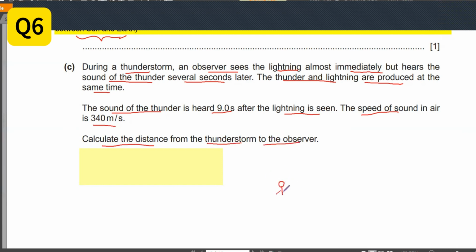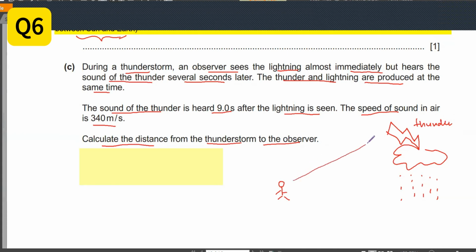So we have the observer here, and a thunderstorm here. The thunder will produce a light ray to the observer, a light wave, and it will also produce a sound wave.